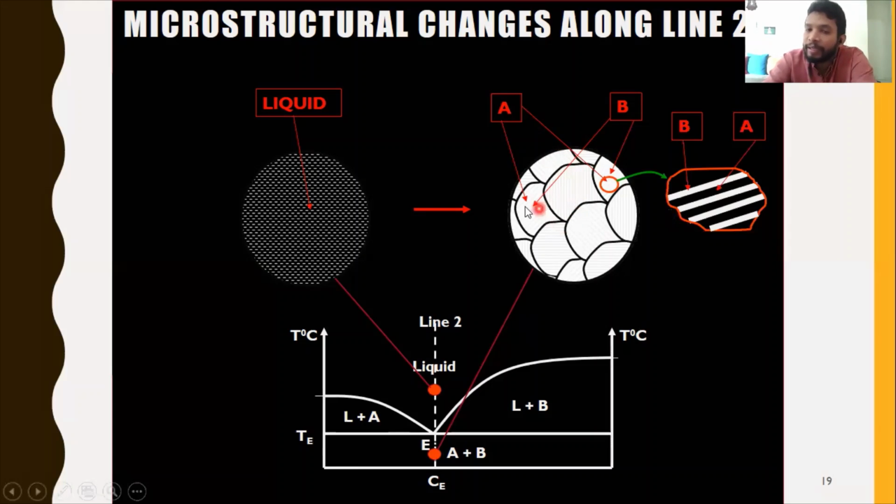In different directions, this lamellar structure will be formed along this eutectic point. On other lines, it is quite different, which I will tell you about. Only at this point will the lamellar structure be formed. So please draw this. Take some time, pause the video, and draw this on your own.